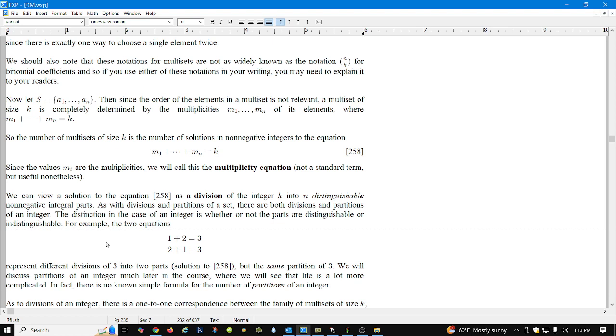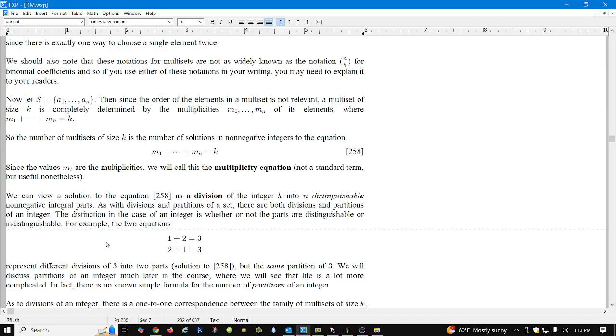For divisions, as I've been using it in this course, the division of a set is just a collection of subsets that are mutually disjoint and whose union is the whole set. And they are distinguishable subsets.